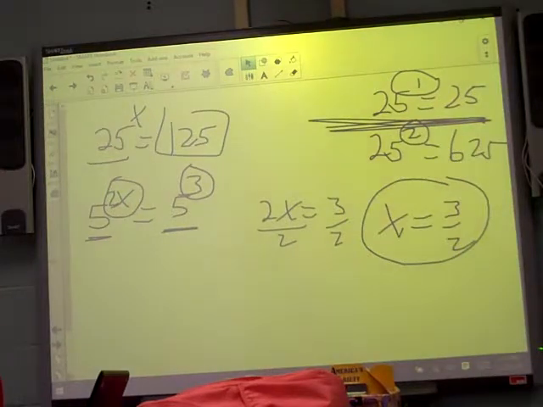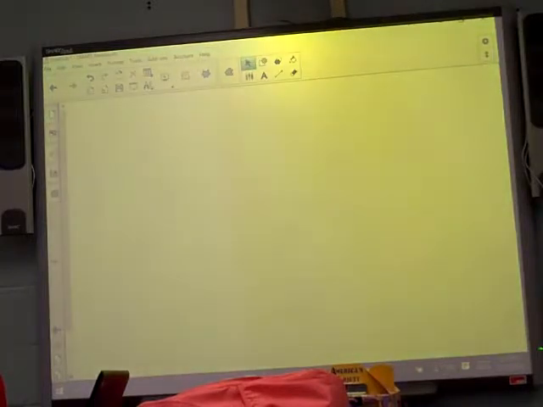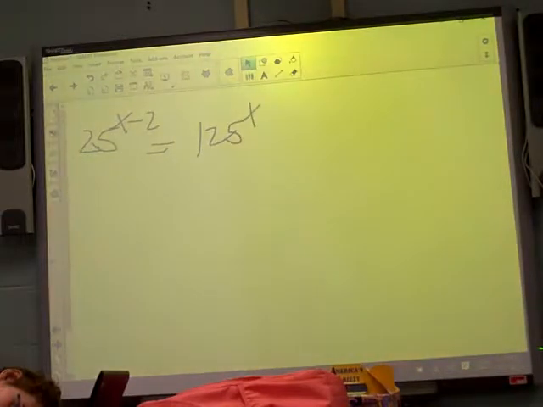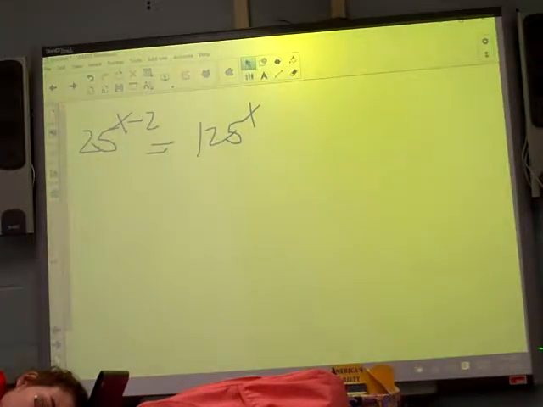Alright, I'm going to stick with those same base numbers before we move on, to make sure we'll do one more with those base numbers and then we'll throw some new ones. I got 25 to the x minus 2 is equal to 125 to the x. Now, like I just said, we stuck with the 25 and the 125 because when we're adding something new on here, I don't want to confuse you about base numbers.